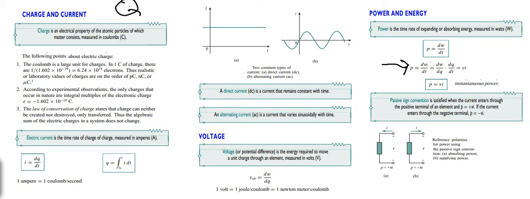what's this? We can derive further. We have dW over dQ multiplied by dQ over dt.